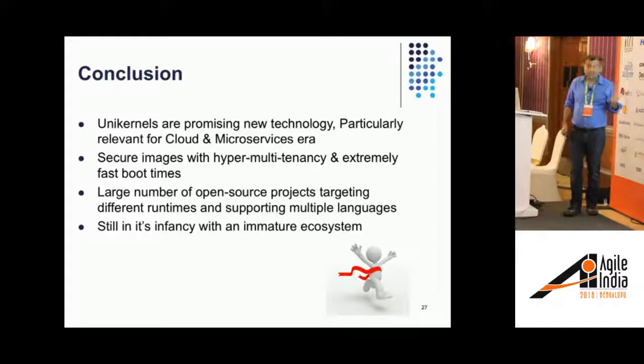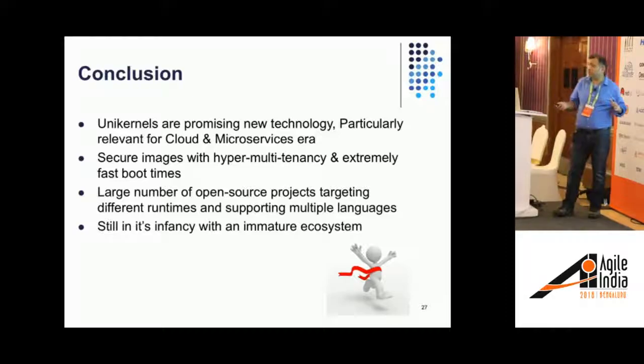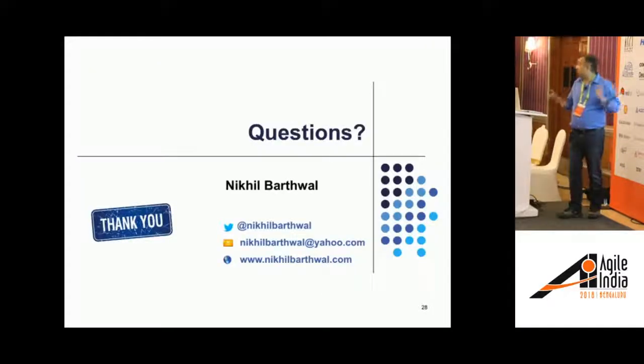They have secure images, support very high multi-tenancy, very fast boot times, and on-demand provisioning. You have a lot of open source projects. There are some commercial projects also, and they support a large number of different platforms and runtimes. But yeah, it's still in its infancy, and the ecosystem around it is relatively immature. I'm up for questions.